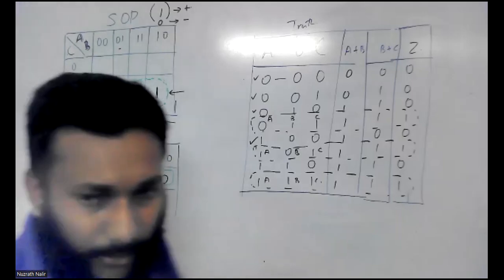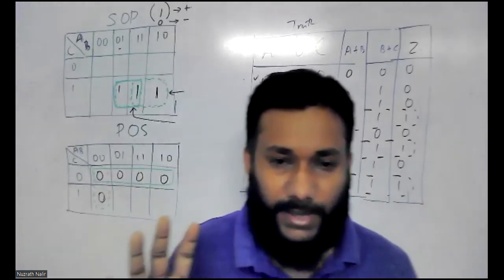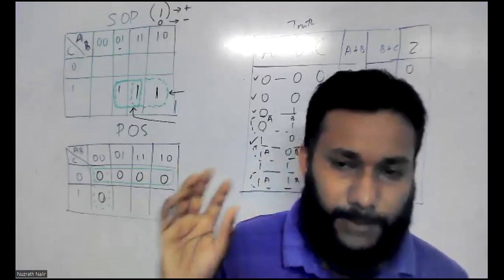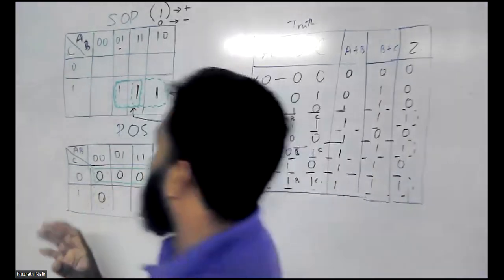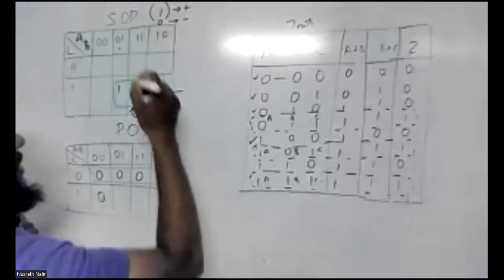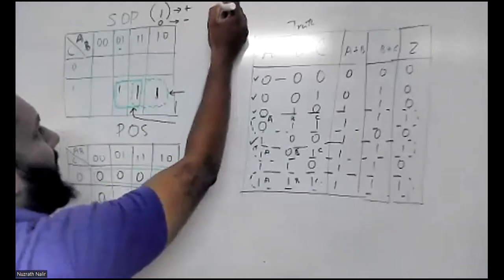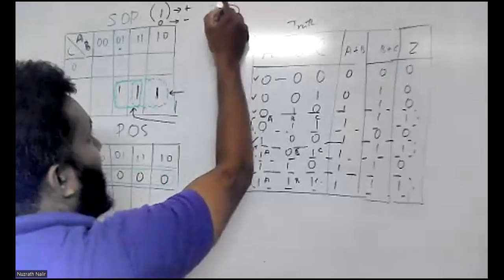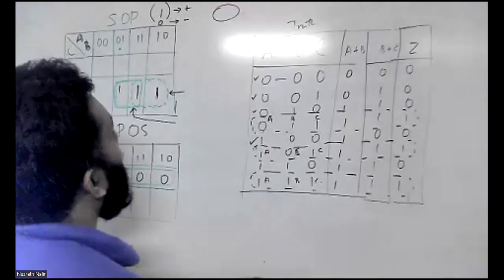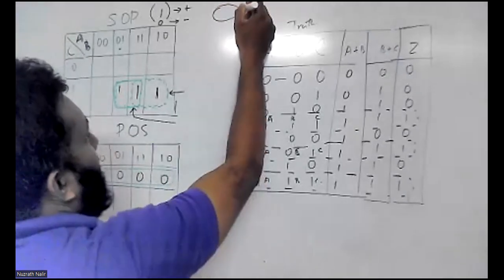We are not taking the zeros in the SOP concept. SOP, sum of product. So the sum of product means your summations are there with the product.